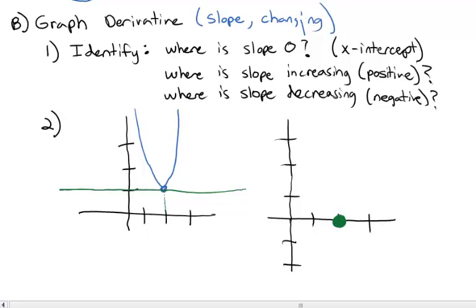So then we'll split the graph into parts. On the left side of it, what type of slope do we have? Well, these tangent lines on the left side are all going down, right? Let's actually do those in a different color. If I draw a tangent line on the left of that 0 point, the left of that valley, you'll notice the slope is going down.